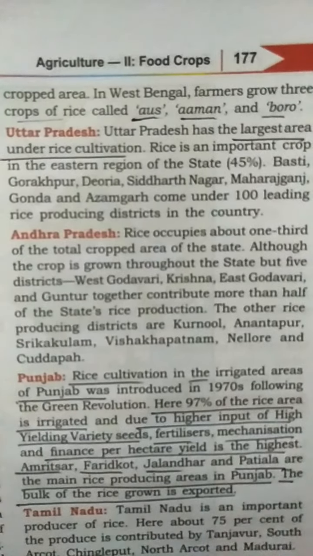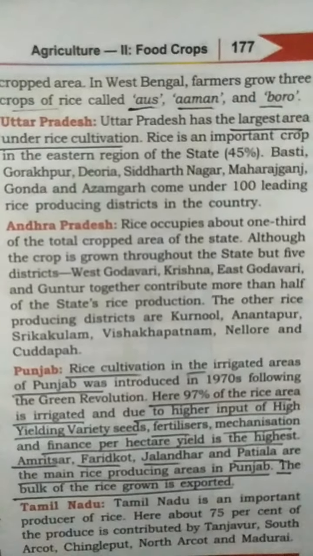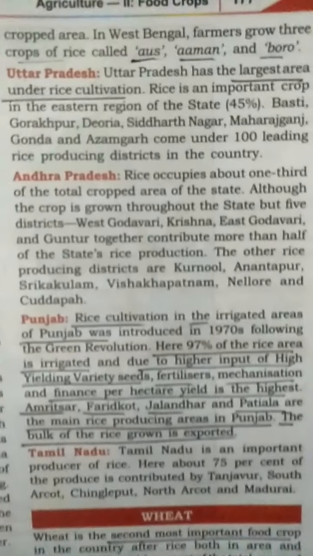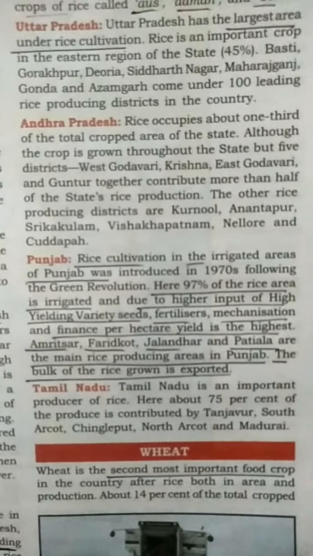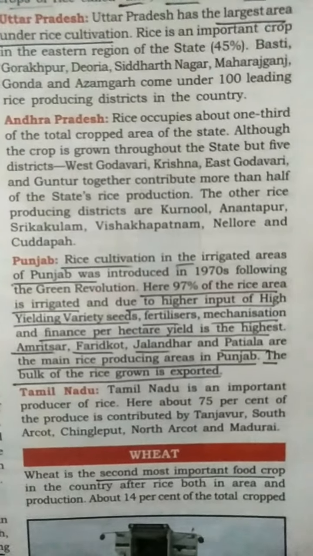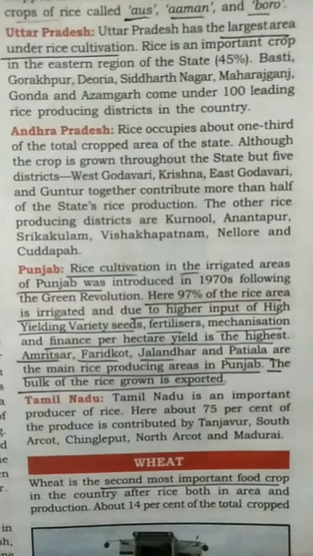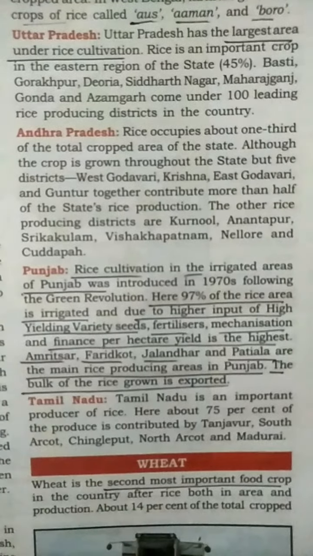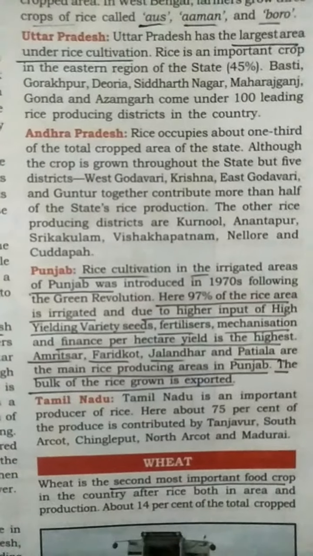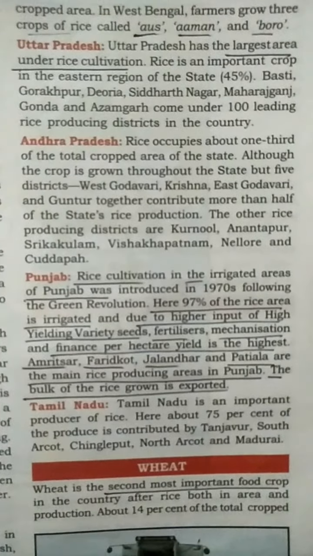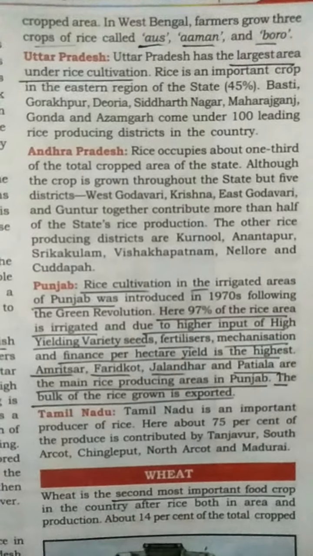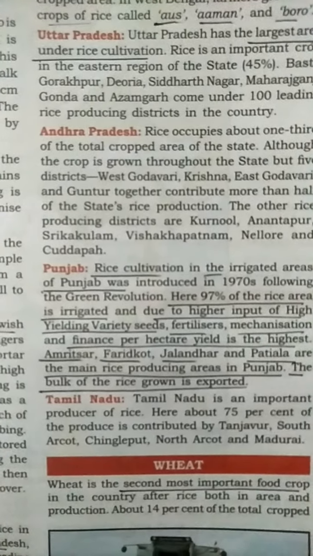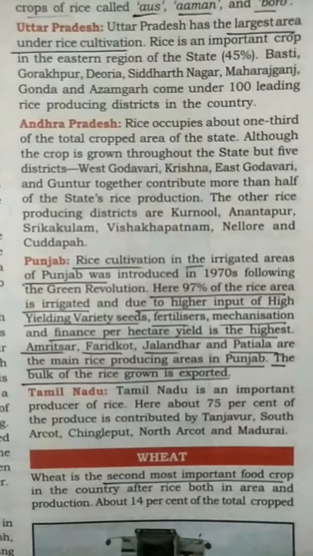Uttar Pradesh has the largest area under rice cultivation. Similarly, Andhra Pradesh also. Then Punjab. Now in Punjab, the amount of rainfall is very low. Here rice is cultivated with irrigation. 97% of the rice area is irrigated and high input of HYV seeds, fertilizers, machines are used, and finance per hectare yield is highest.